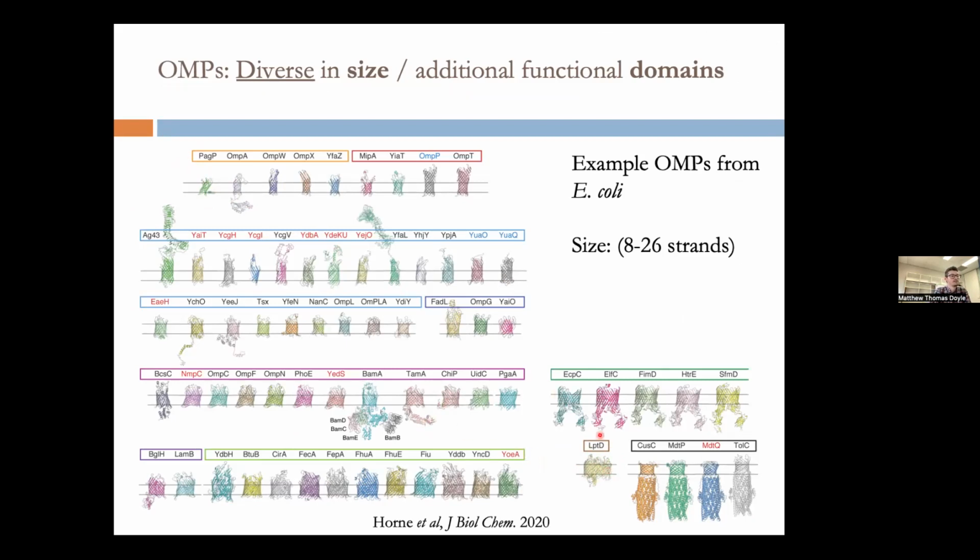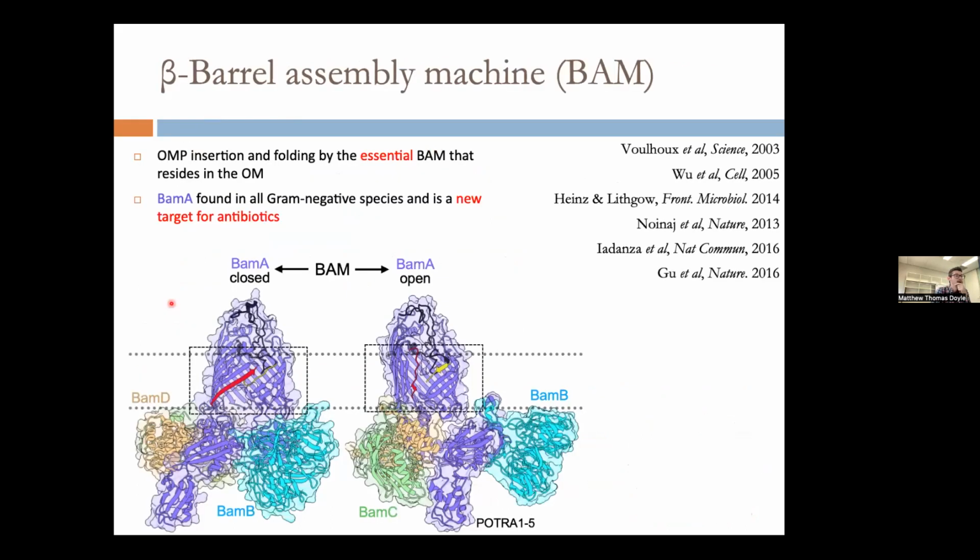So you have differences in the associated in-frame soluble domains as well, periplasmic domains or secreted domains. Here are some of the antibiotic efflux pumps. So you have all of this structural and functional diversity, yet a single complex puts all of those proteins into the outer membrane, and that's the barrel assembly machine.